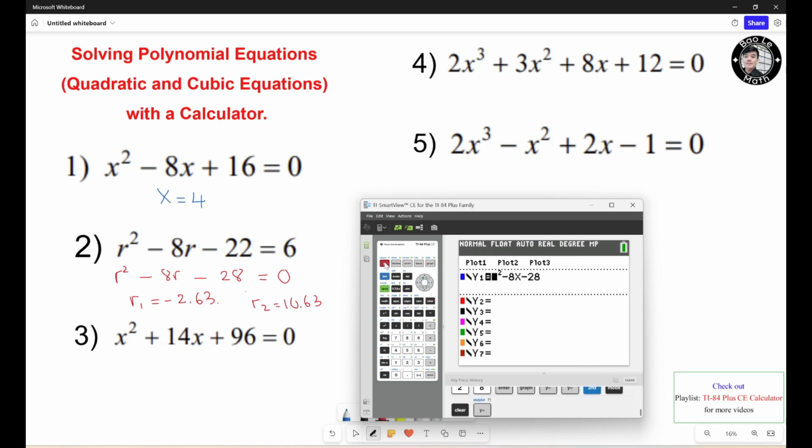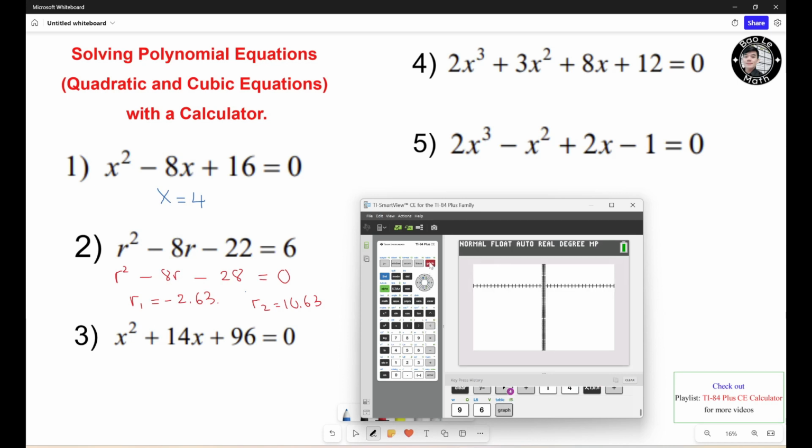So you hit y equals s squared plus 14s plus 96. You hit graph. The graph does not show up, so you need to adjust the window range.